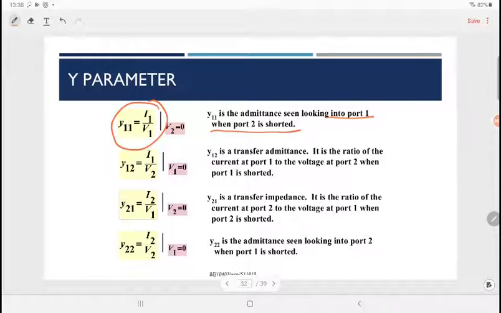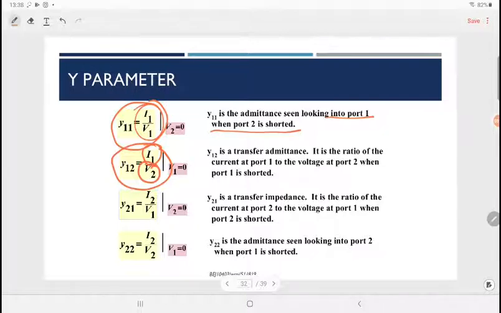So I1 and V1 are actually the input part. Therefore, Y11 is also known as the input admittance. And then Y12 is the ratio between the current at the input and the voltage at the output, right? V2 is our output part.